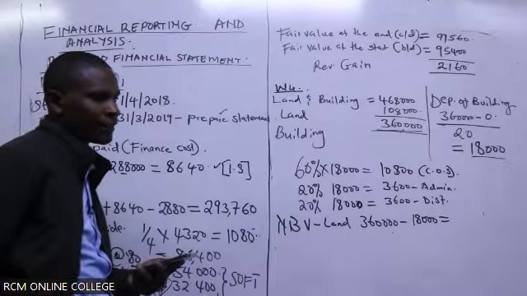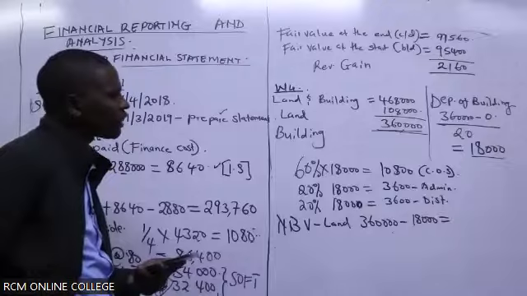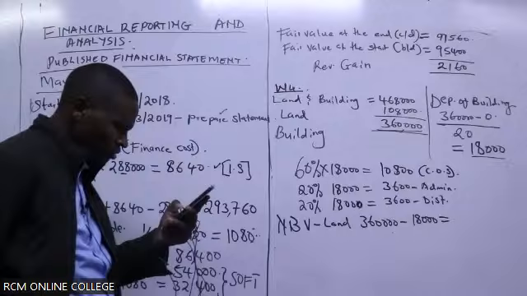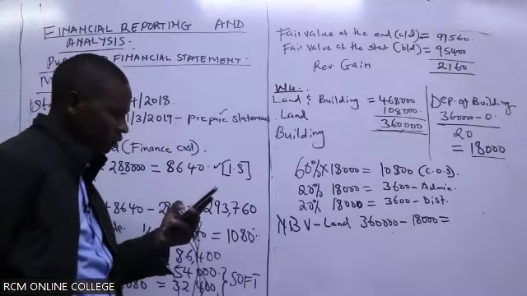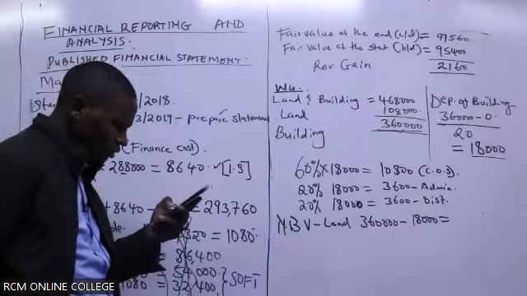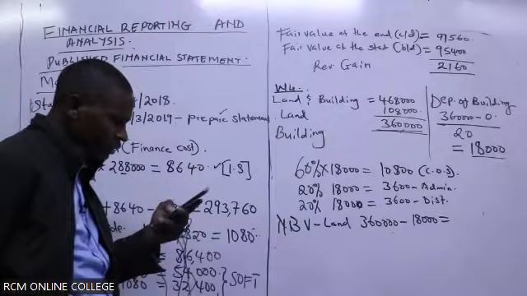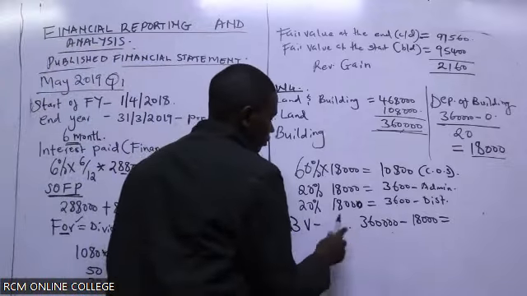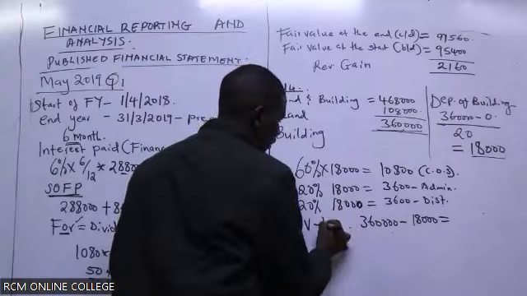Okay, 360 is building. I have to check again. What did they value? Professional valuer, the building. Oh, building. Sorry. Asante.